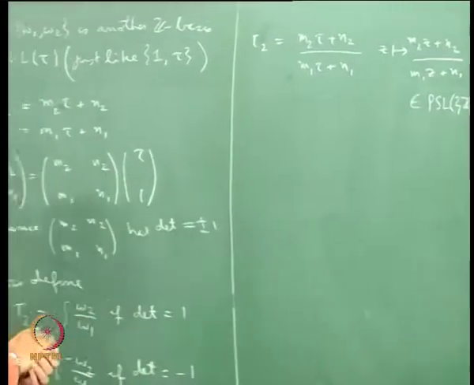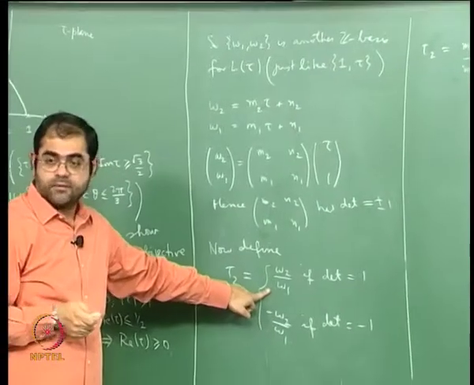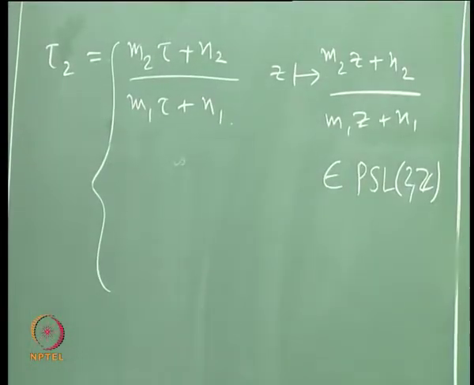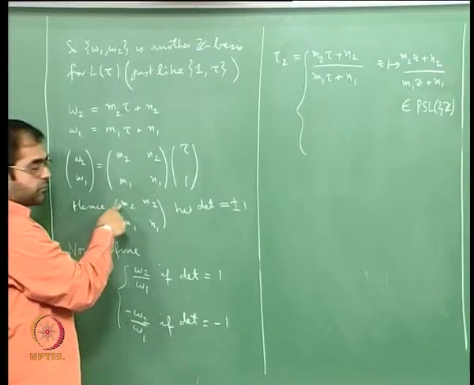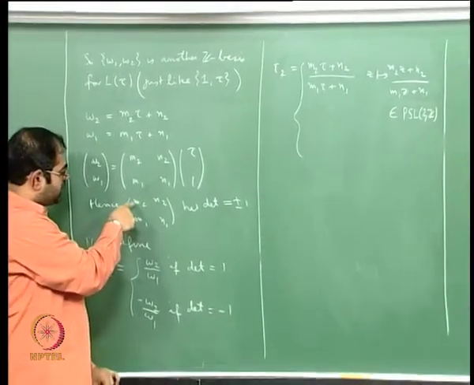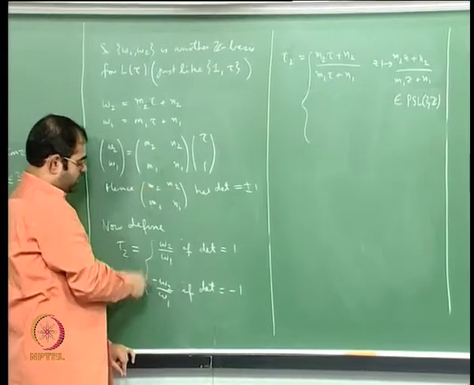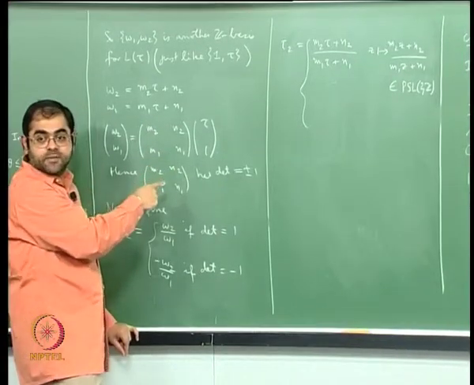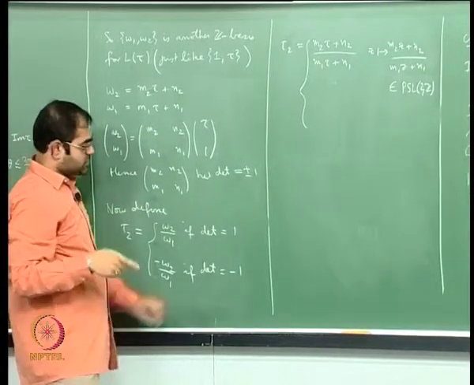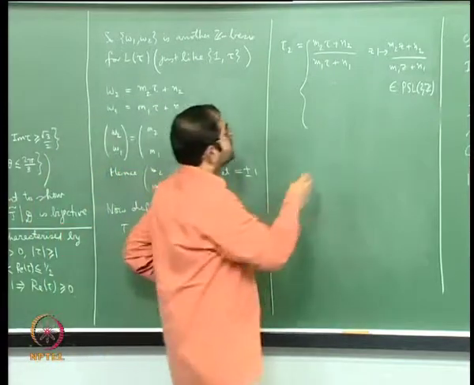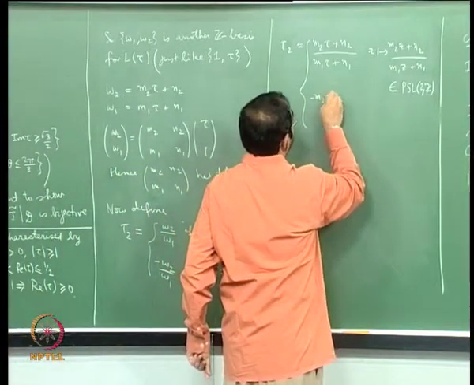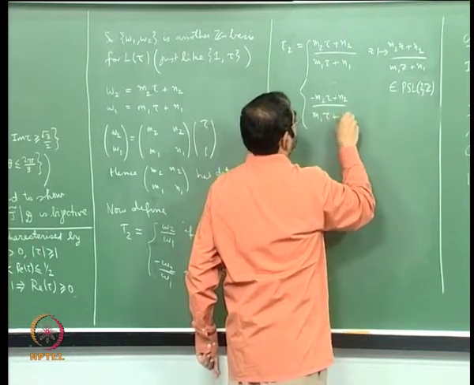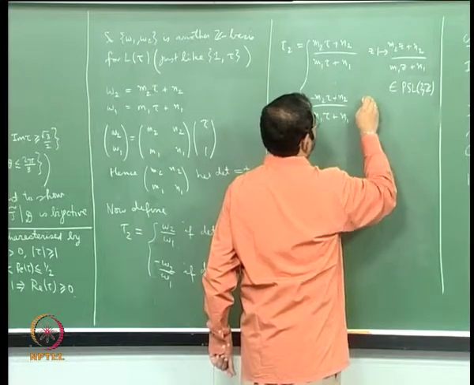Okay, so this is the first case when the determinant is 1. Or it may be that you have to put a minus sign. It's only the first row that gets multiplied, so you have to absorb the minus into omega 2 or omega 1. If you do that, only one of the rows gets multiplied by minus, therefore the determinant gets multiplied by a minus. So if the determinant is minus 1, you will get plus 1. So it will be, for example, (minus m2 tau minus n2) by (m1 tau plus n1).